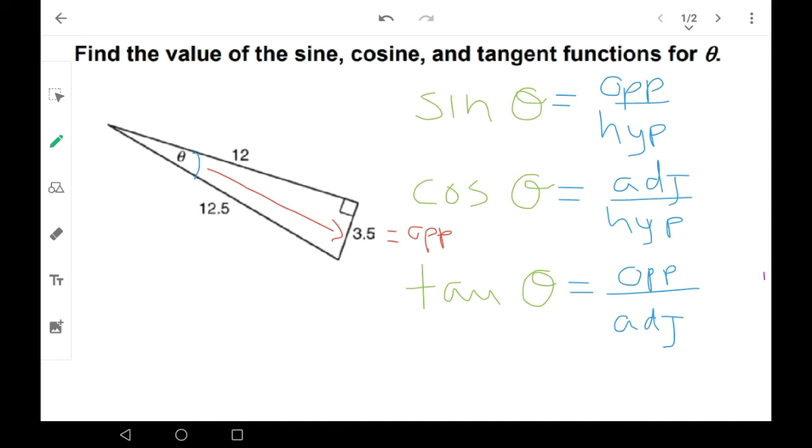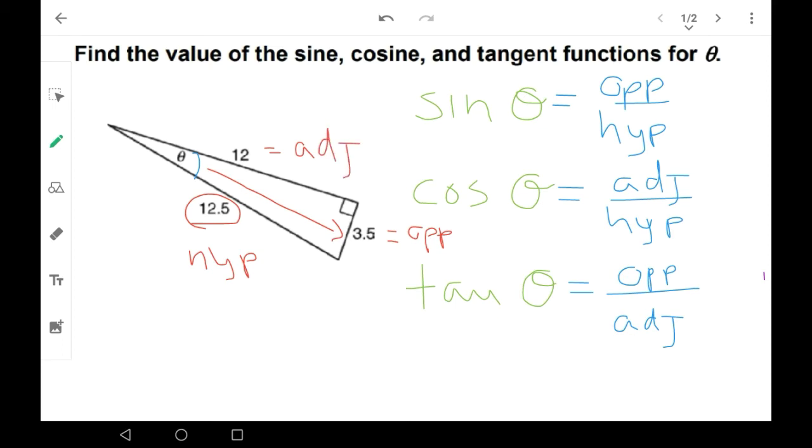Remember that for a right triangle, the biggest side will always be the hypotenuse. So between 3.5, 12, and 12.5, this one is the biggest, right? So that means that this is the hypotenuse. Therefore, we know that the adjacent would be 12, right? So that's what we have to do first.